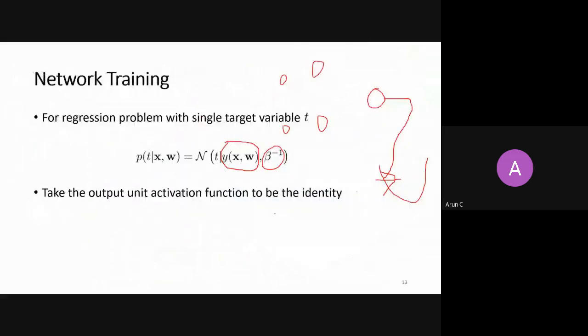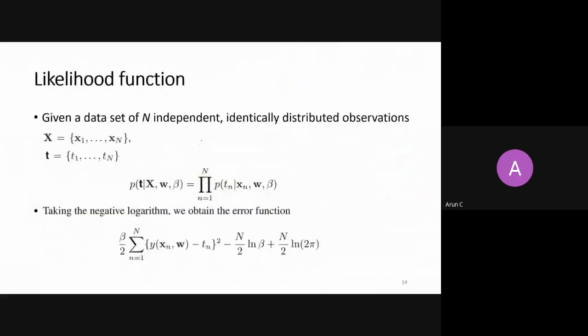And there is a probability that I can go away from this mean, which is beta inverse, right? Then the likelihood of generating T is always high if it is at the mean, right? So I want to maximize it. And I will do it for everything. So what I can do is multiply all those probabilities. And this is known as the likelihood function, right?